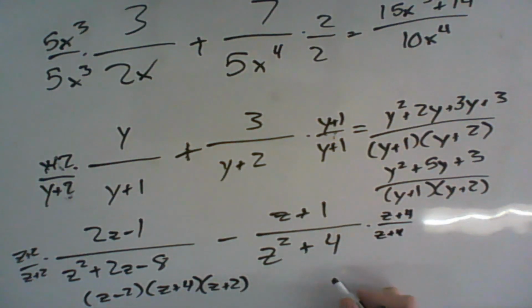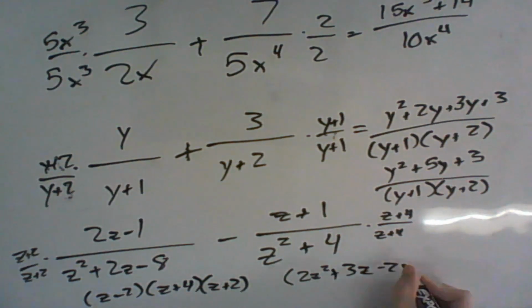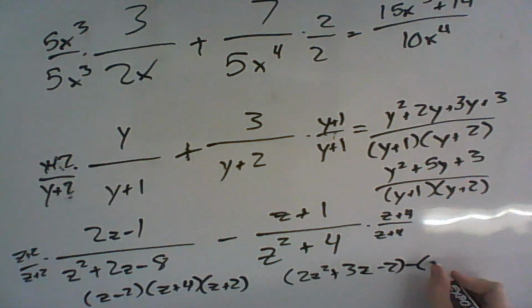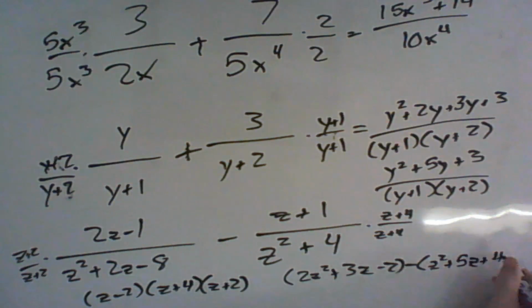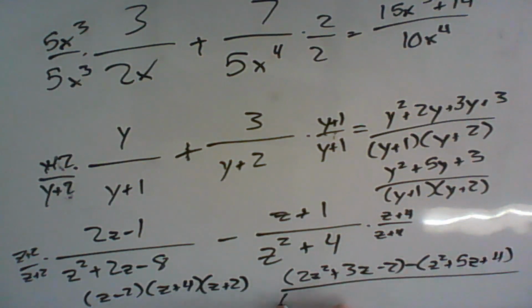If you do it, in the first one, you get 2z squared plus 3z minus 2. And then we're going to subtract z squared plus 5z plus 4. And then our denominator is z minus 2, z plus 4, z plus 2.